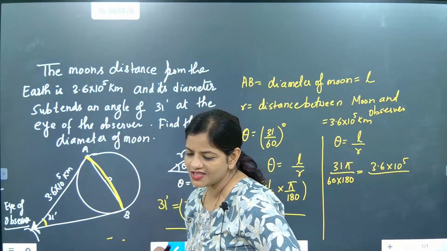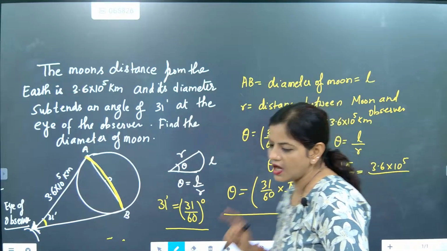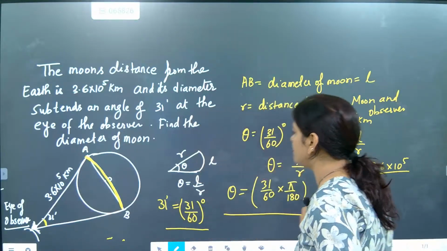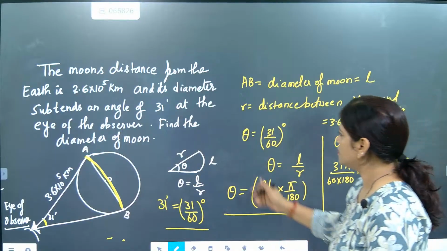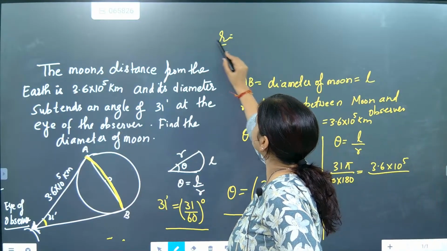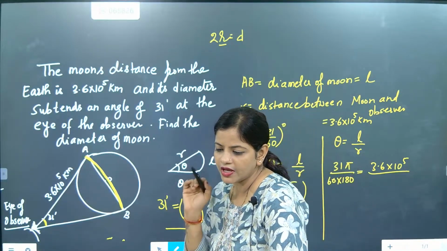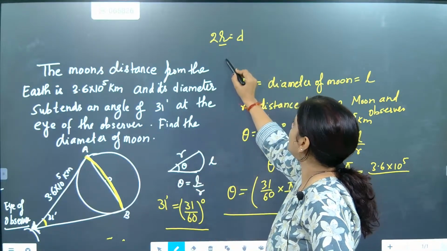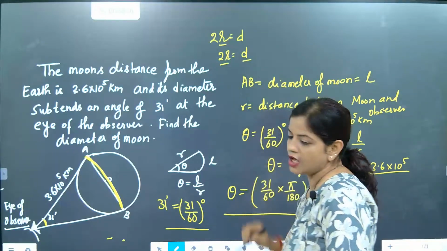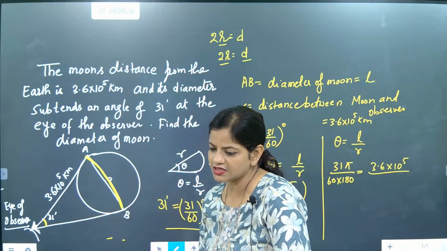So now look here: 2 times the radius is the diameter, so here the diameter will be 2r. Understood? So they are asking about the diameter.